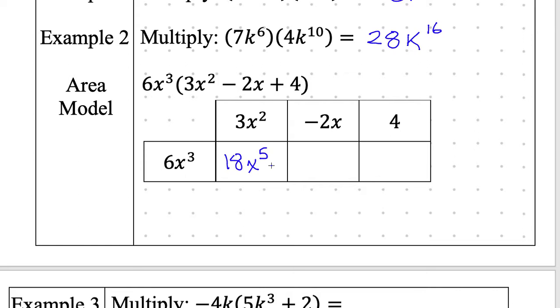I want to try to call on new people as much as possible. Anna, go for it. Negative 12x cubed like that. Careful. So this is x to the power of 1. So it's negative 12x to the power of, and you can call for support if you want to.